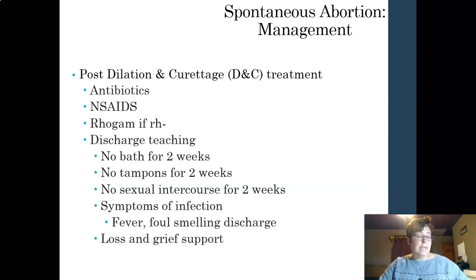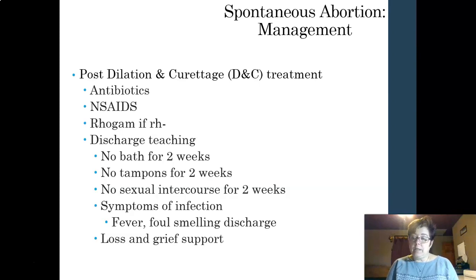So the D&C is going to be done, and then she will be discharged. She's not going to be kept in the hospital for this procedure. Before she goes home, they would probably put her on antibiotics prophylactically. Afterwards, she will have some bad cramping, some pelvic pain just from the procedure. They would probably suggest that she take ibuprofen for that.